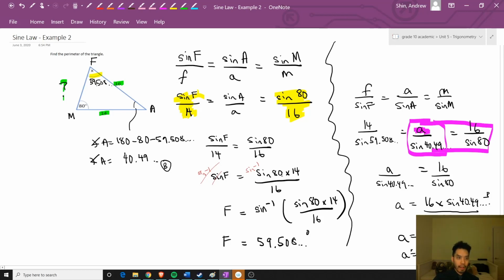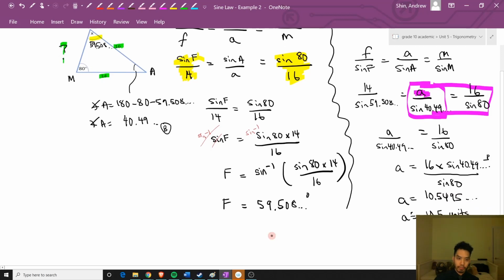Okay, so now we can find the perimeter. The perimeter of the triangle is going to be 16 plus 14, plus 10.5495. I shouldn't have rounded until the very end of the question. So we actually shouldn't be doing that just yet. So cross that out.